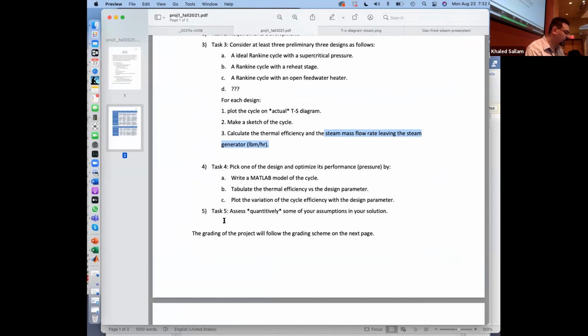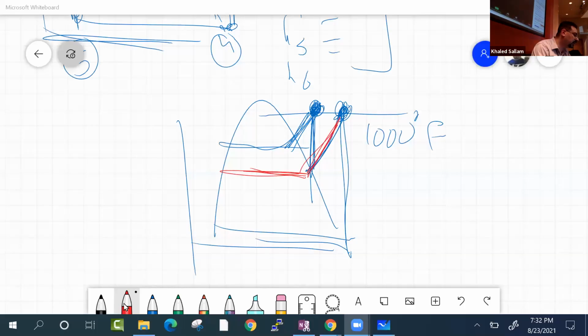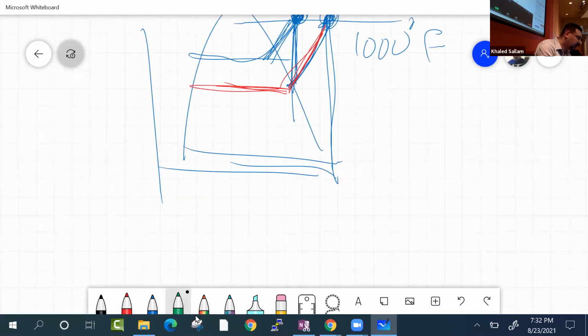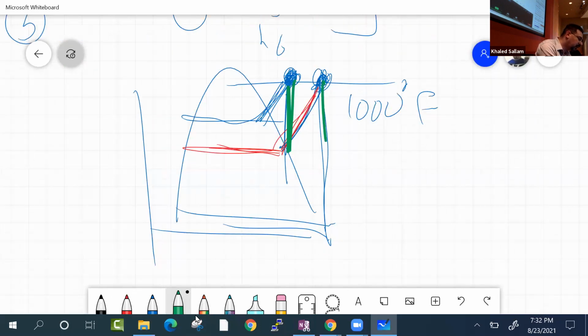For example, the turbine, we are assuming ideal turbine. We calculated everything assuming isentropic, and the pump is isentropic. That clearly is not true, right?